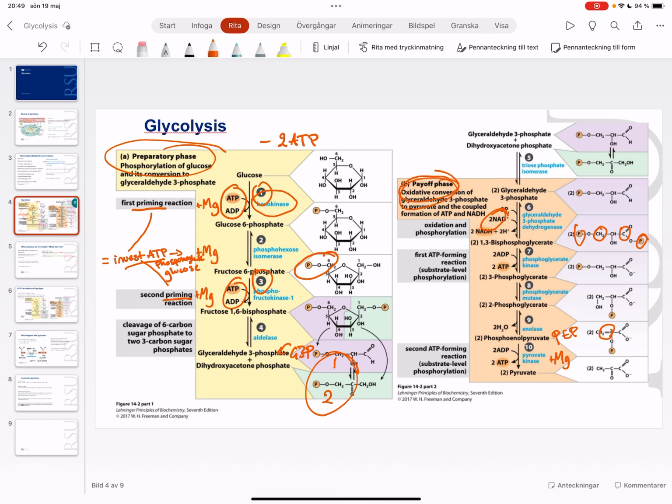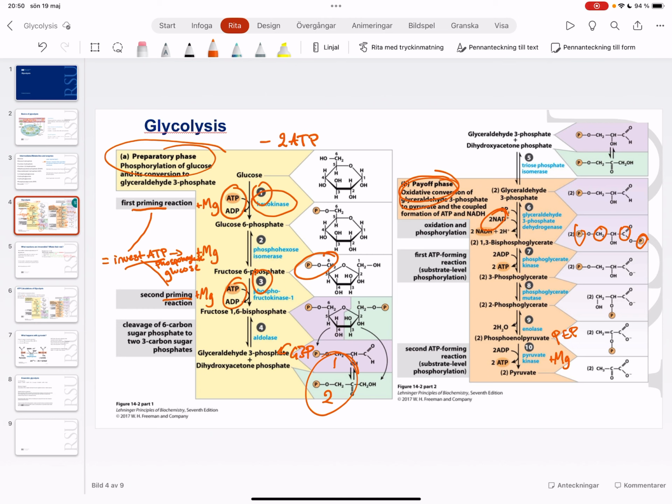And that's really logical because in enolase, which is a lyase, when you remove water, it will form double bonds. So that's from previous lectures. And then we will go from PEP to pyruvate, and we will use pyruvate kinase. Once again, a kinase, transfer of phosphate group. And we will form ATP once again by substrate level phosphorylation. And we will use a magnesium.